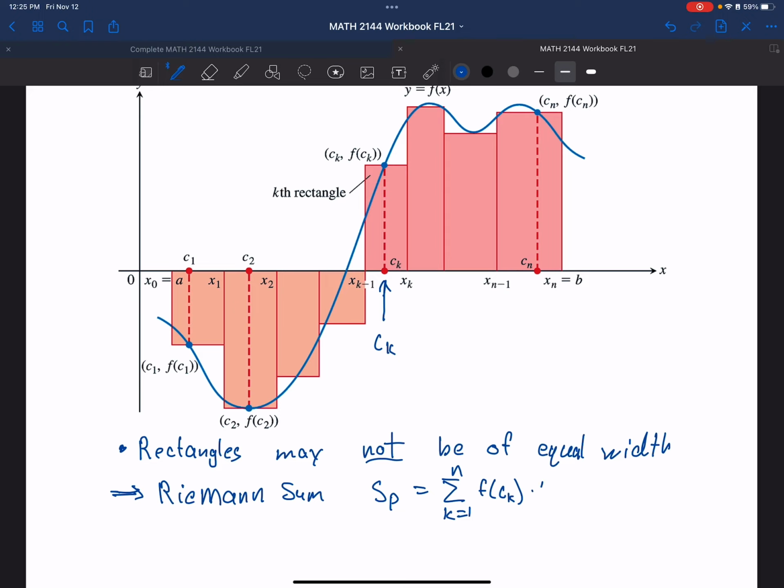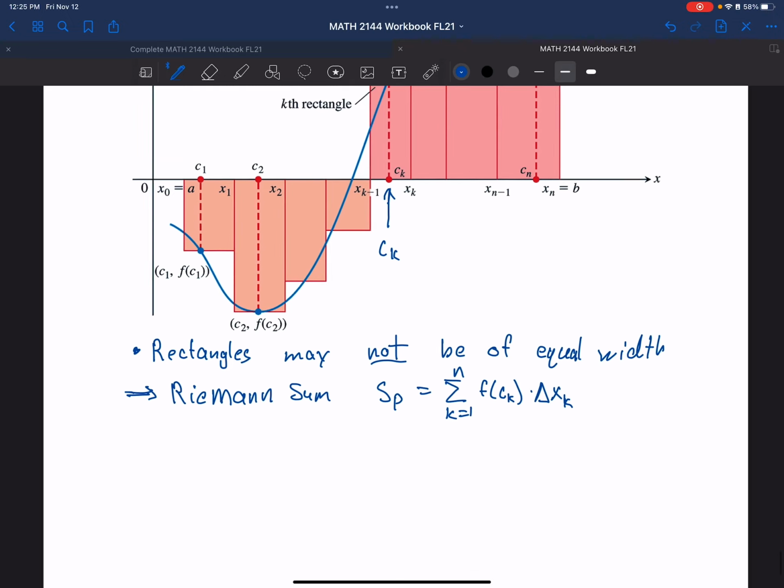And then each rectangle will have its own width. So that's why we use delta x sub k, because each rectangle will have its own width. We're primarily going to work with the ones we've done where it's equal width, because if you let it go to infinity, it doesn't really matter that they're unequal. All that matters is that they're really thin rectangles. So that's one thing to note.